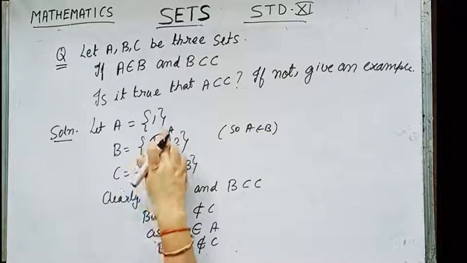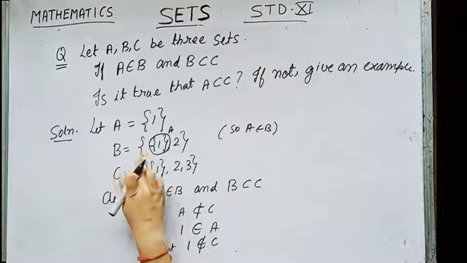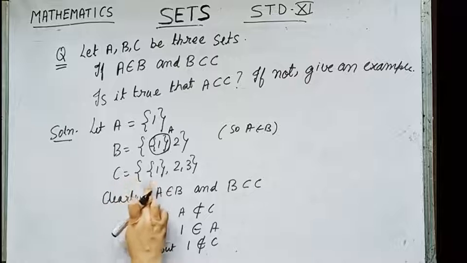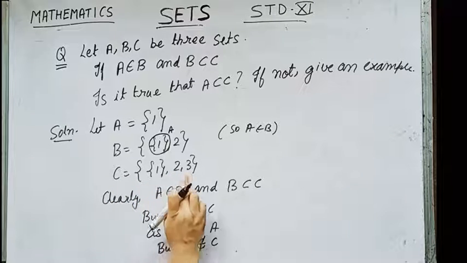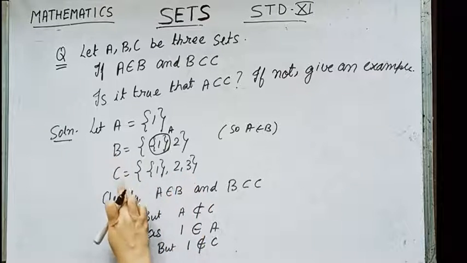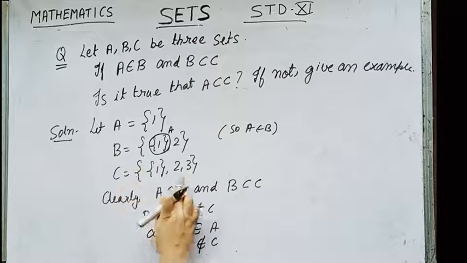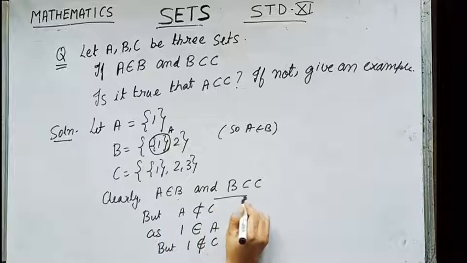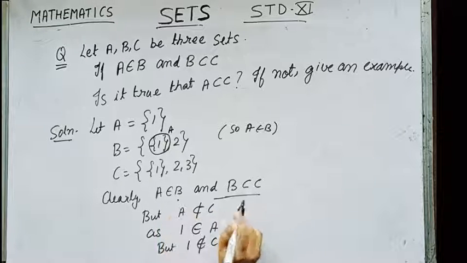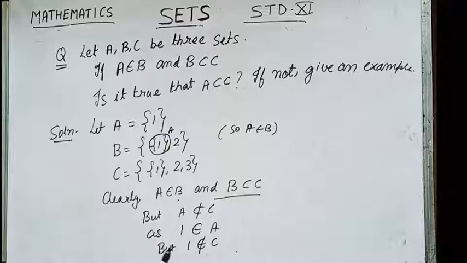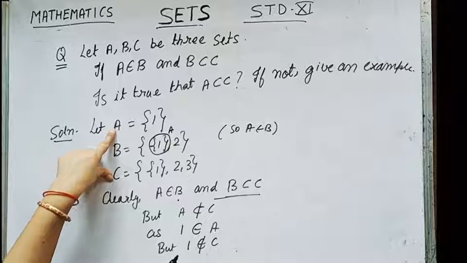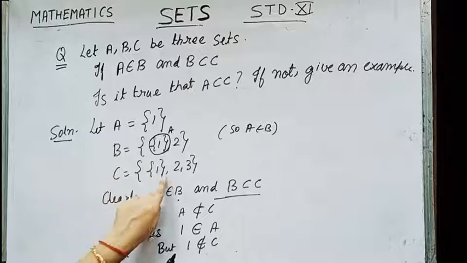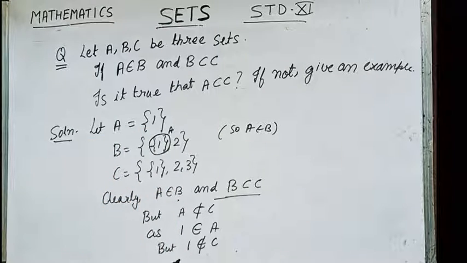Also over here we can see that the set B contains the elements 1 and 2. So C also has 1, 2 and one extra, that is 3. So B is contained in C, that is B is a subset of C. So I have written over here clearly: A is the subset of B, A belongs to B and B is the subset of C. But A is not a subset of C, because A has the element 1 but C does not have the element 1 belonging to it.